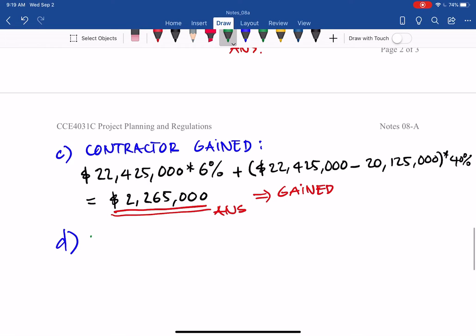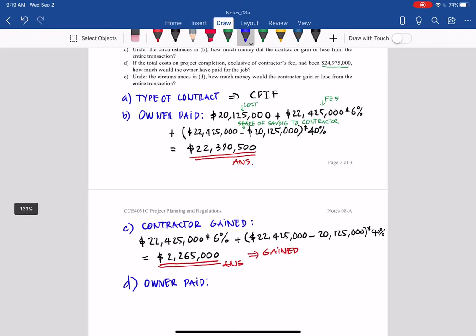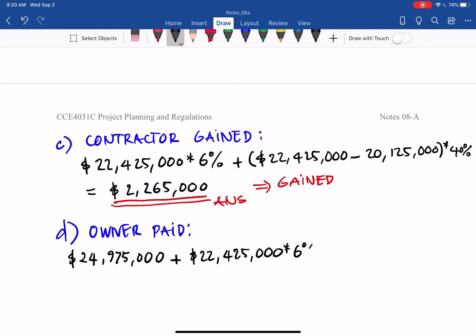Of course, he or she will pay much more in this case. He or she has to pay the cost, 24,975,000, plus the fee based on the estimated cost, so 22,425,000 times 6%.